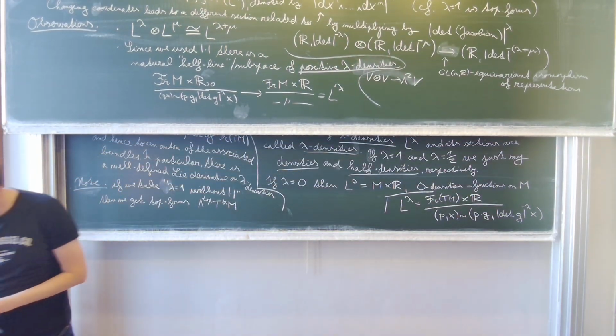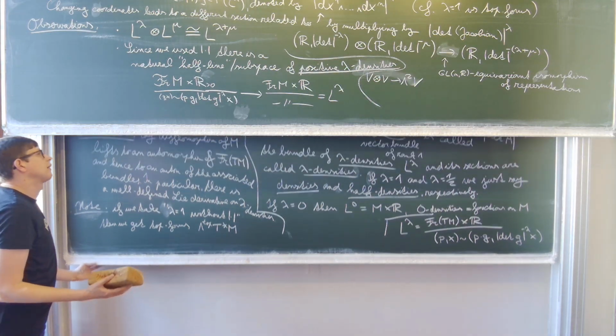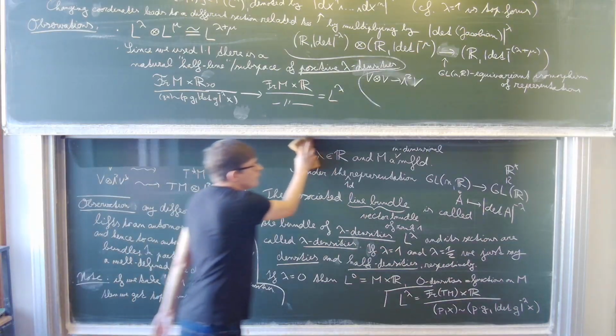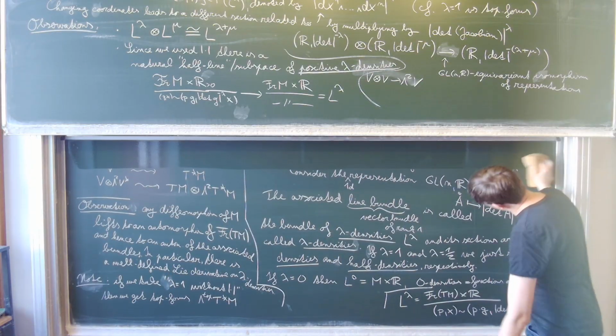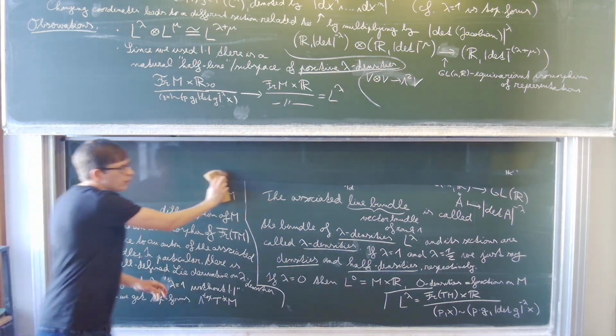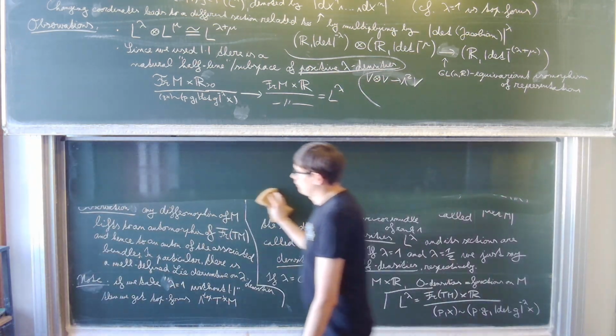In other words, if I give you an element of the lambda density line bundle, you can unambiguously tell me whether it's positive, negative, or zero, which definitely I can't do in a general line bundle.